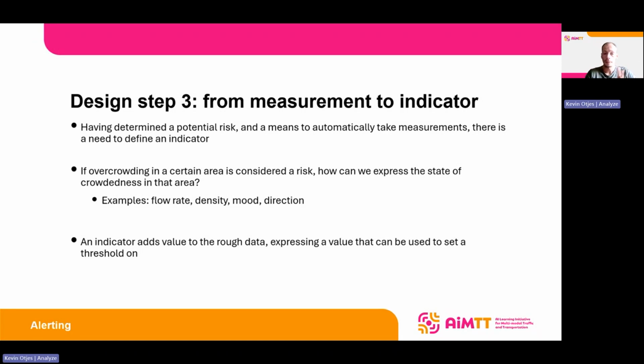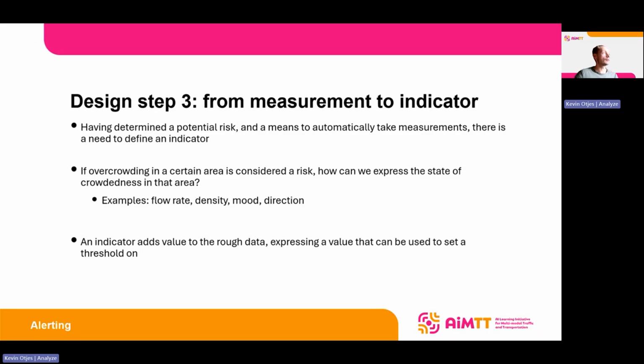And if you add an indicator and of course communicate that indicator with everybody involved, then you're adding value to the rough data, because you're using the indicator as a means of saying when the data is useful.